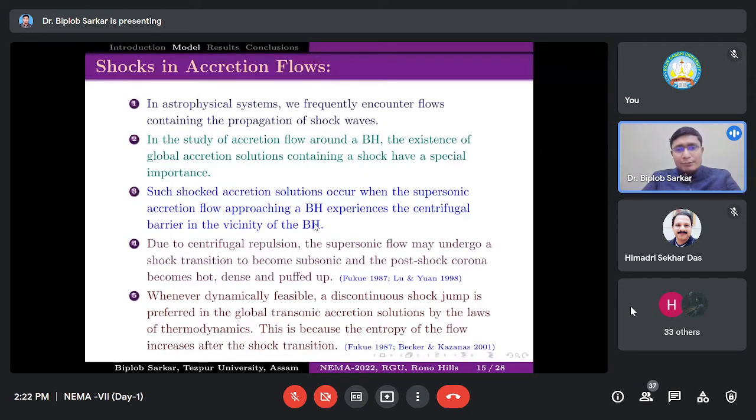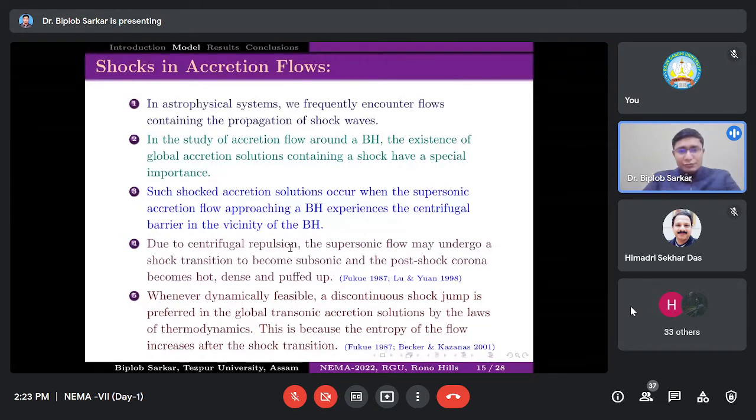The accreting matter possesses angular momentum, and due to this angular momentum, the accreting matter experiences a centrifugal barrier in the vicinity of the black hole. Okay, and when the supersonic accreting matter experiences the centrifugal barrier, then shock waves may emerge.